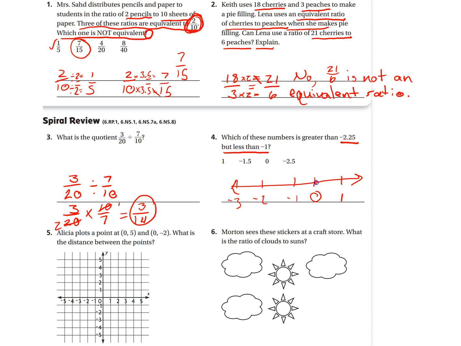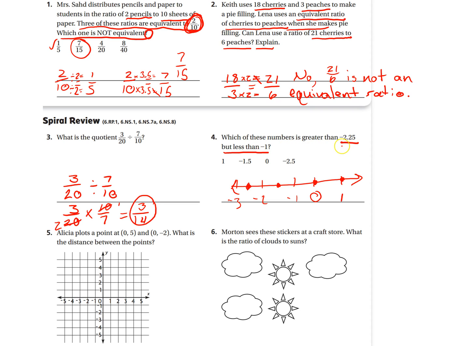So 0 would obviously be here. 1 is obviously here. Now 1.5 is going to be 1 and then some, right in the middle. There's negative 1.5. And negative 2.5, negative 2 and then some, about halfway, so it's going to be about there.